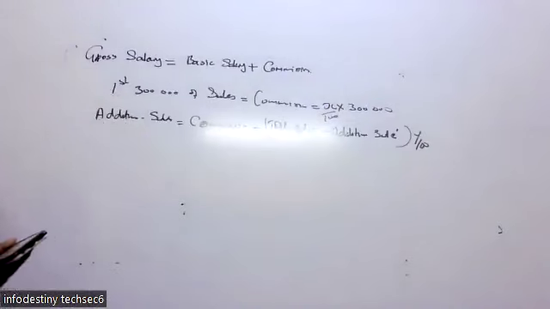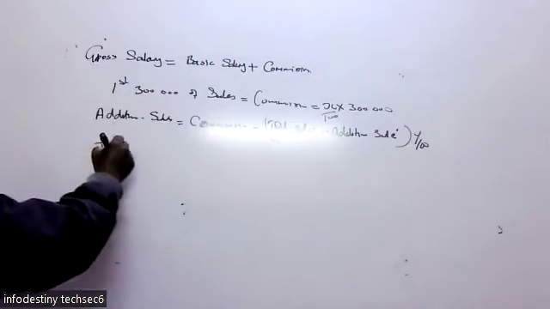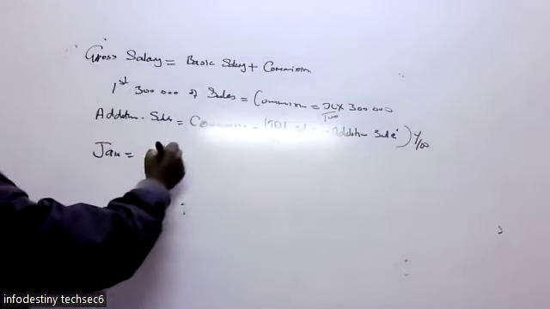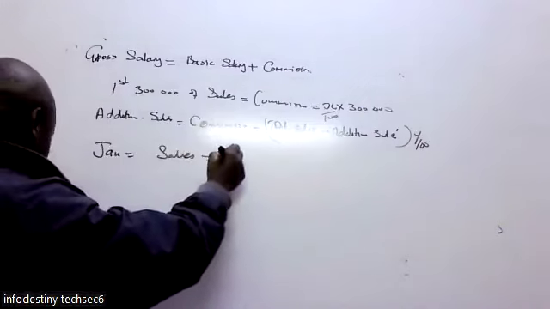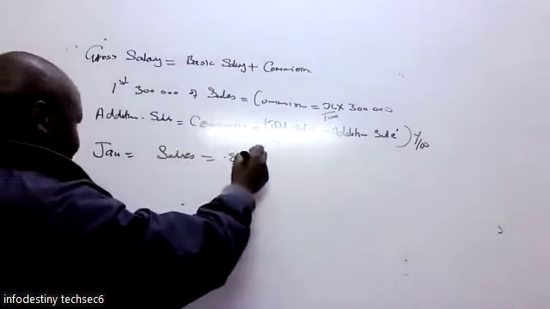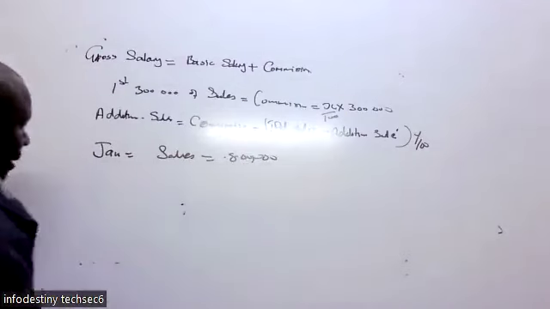Now, during the month of January, let's start with January. You have the sales equal to 800,000.